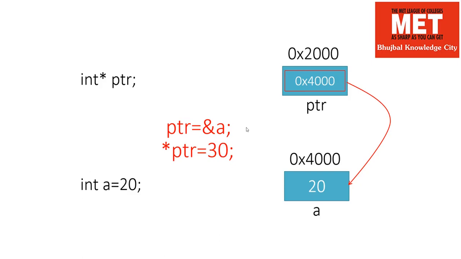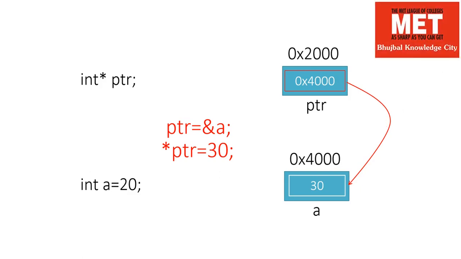What will this line do? It will access the location which is stored at ptr, which is 4000, and will change the value at that location by erasing the old value and assigning the new value. This is how we can work with pointers.